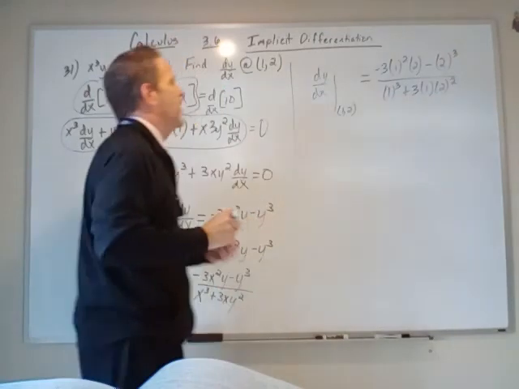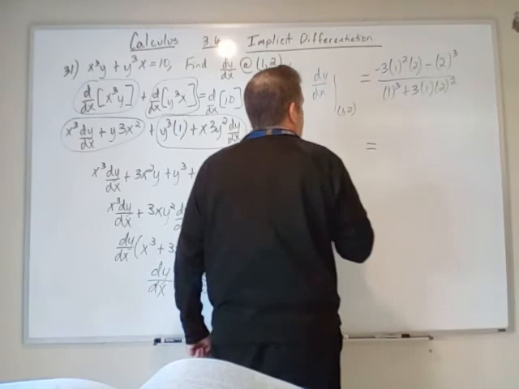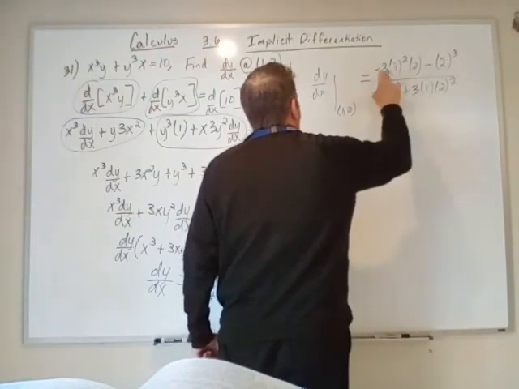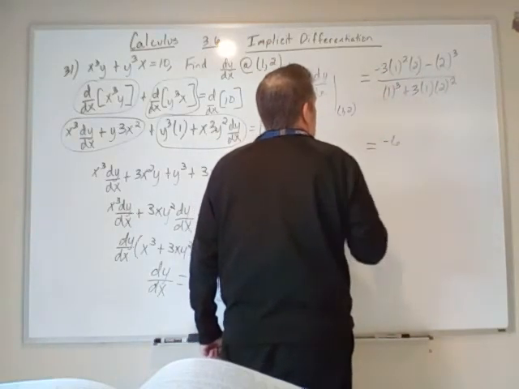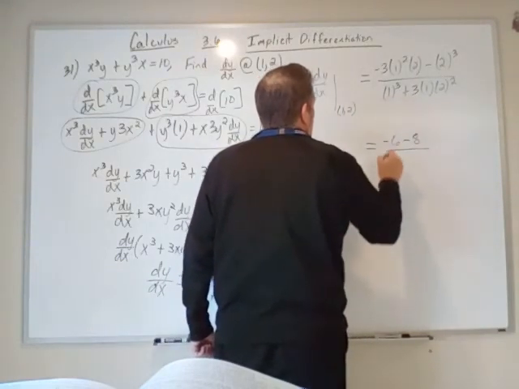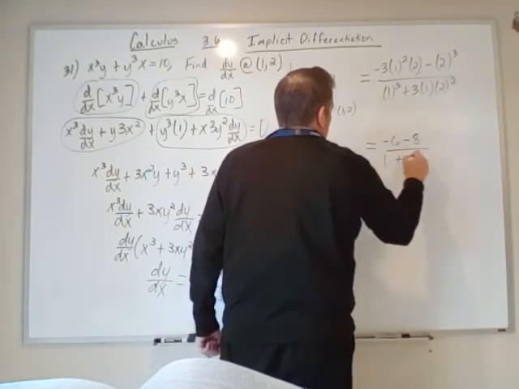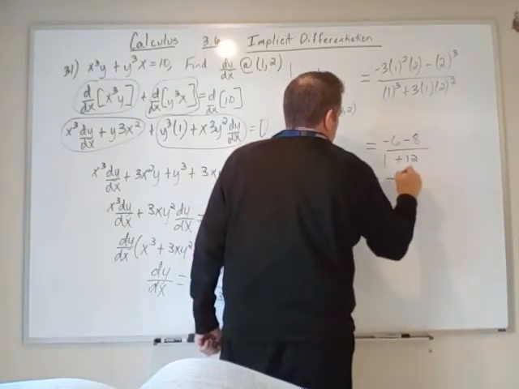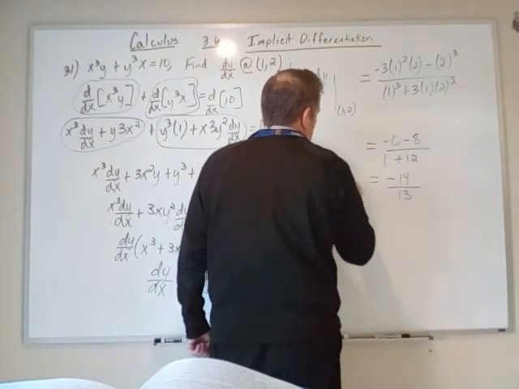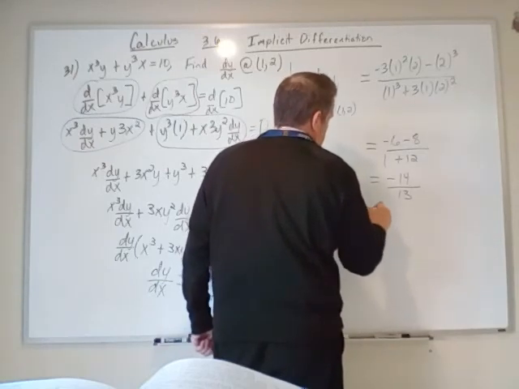Okay, so there is the expression that we're looking for, and again, all numbers now on that right side. So I've got 1 squared is 1, times 2 is 2, times negative 3 is negative 6. 2 cubed is 8, so that's minus 8, divided by 1. 2 squared is 4, times 3 is 12, so 1 plus 12, or we end up with negative 14 divided by 13, and that is dy/dx at the ordered pair (1, 2).